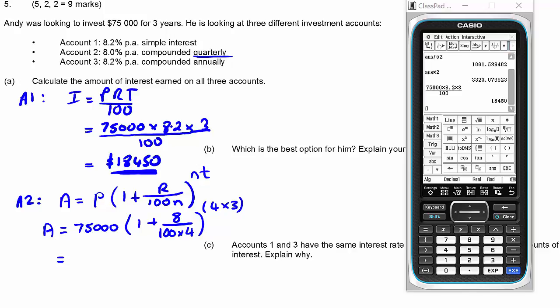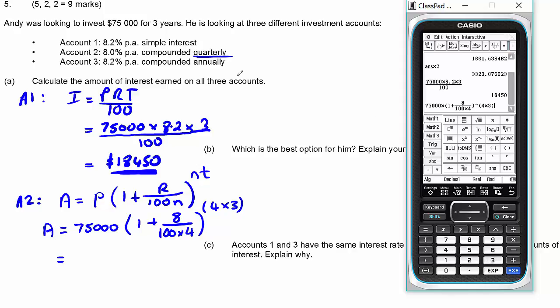So let's calculate that. So we have 75,000 multiplied by, open a bracket, 1 plus 8 over 100 times 4, and that is going to be to the power of, make sure you use a bracket here, 4 times 3.